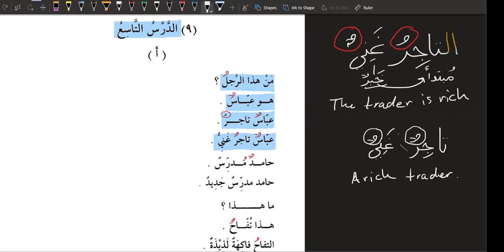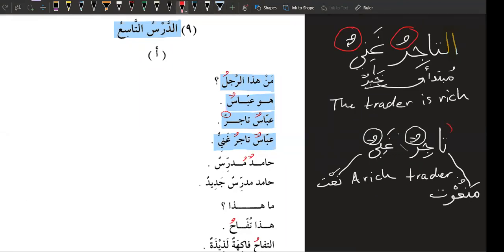And so we call these, for example, we say تاجر is called منعوت. And then غني, we call it نعت. منعوت translates as the described, because the thing that we're describing is the trader.